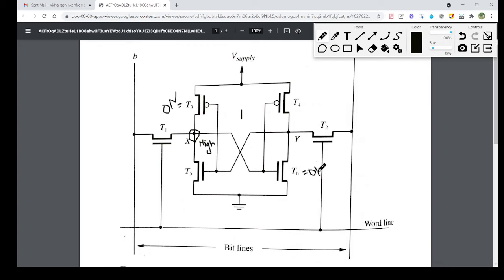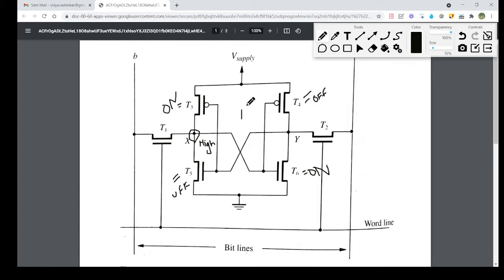When these two are on, it means that it is in one state, whereas the transistors T4 and T5 remain off. These two transistors, T5 and T4, are in off state in order to have the value in a cell as 1.